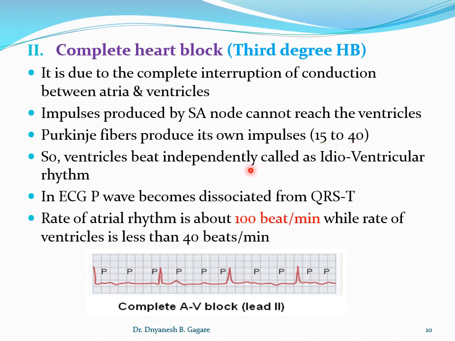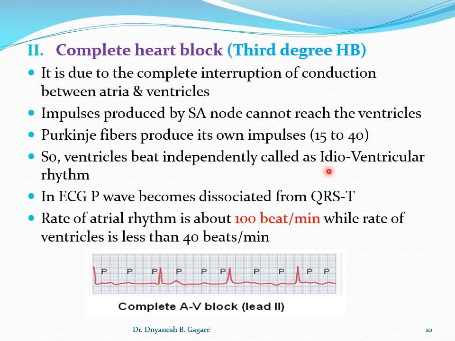Here the ventricle beats independently, called the idioventricular rhythm. So we can say that the SA node beats independently and the ventricle also beats independently.